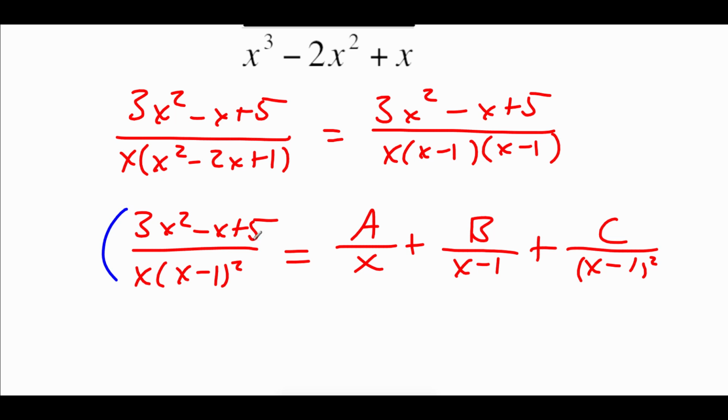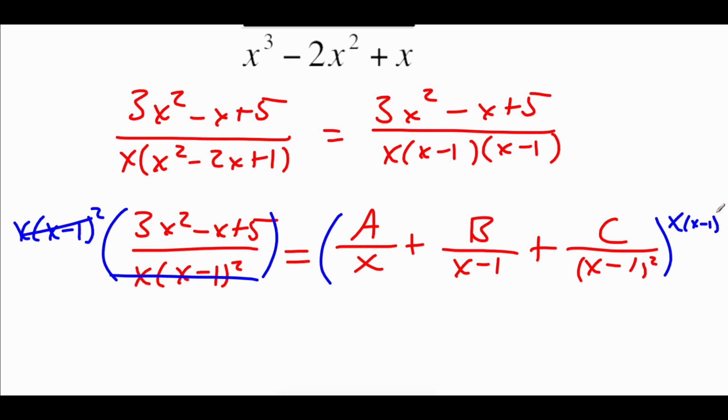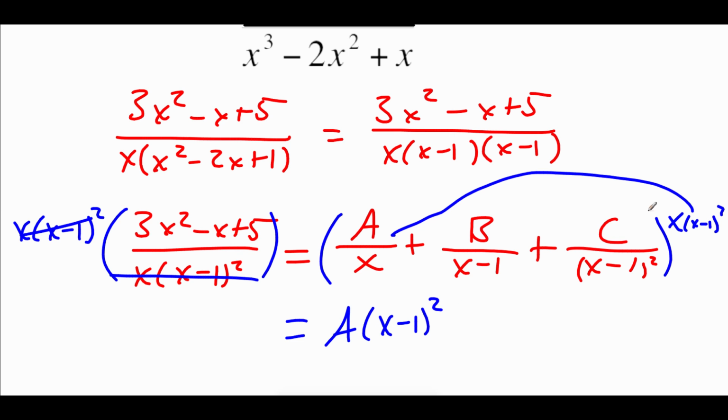If we look at multiplying both sides by this denominator so that we no longer have all of these fractions in there, we're going to multiply by x times x minus 1 squared. On the right-hand side, we'll have to do that exact same thing, x times x minus 1 squared. If we distribute this to the first term, we'll have the a left over. The plain x's will cancel out, but we'll still have the x minus 1 squared left over.